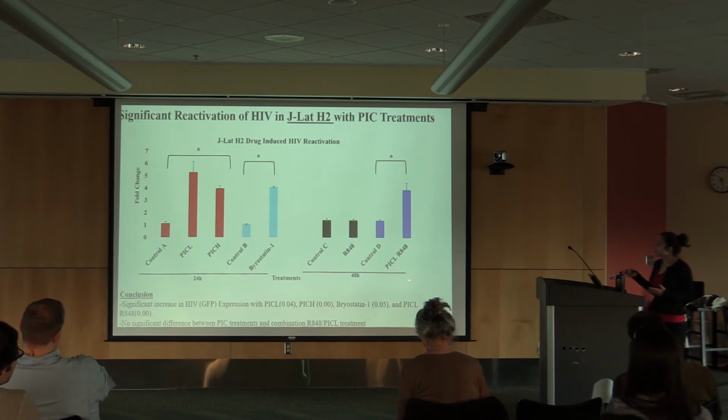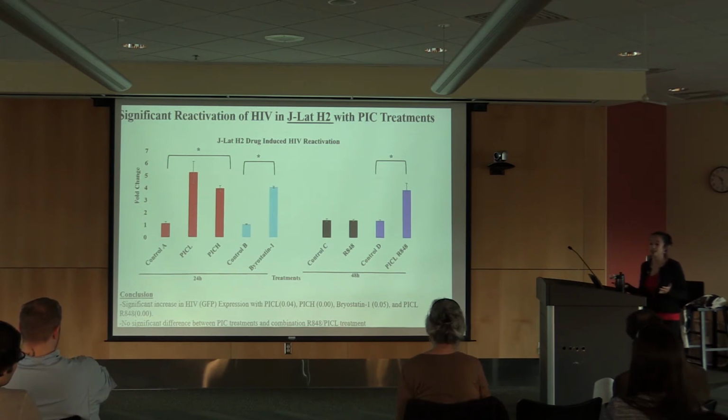Combination treatment is at 48 hours, so poly-IC with R848, and it does show significant reactivation as well. When comparing the combination treatment with poly-IC low and high molecular weight, there was no significant difference.